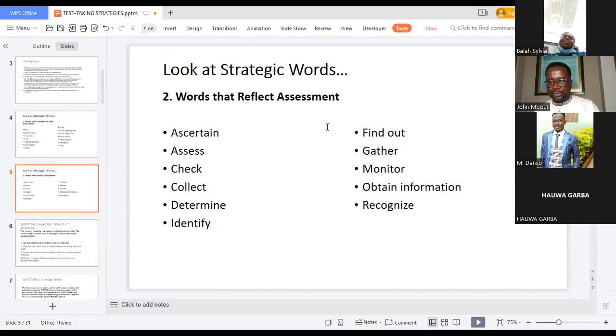Let me quote an example. A patient in room number D rings the call bell and you walk in and you find that this patient has difficulty breathing.